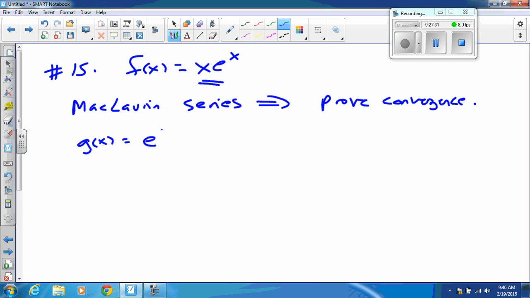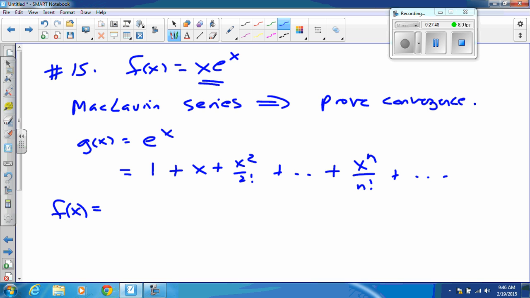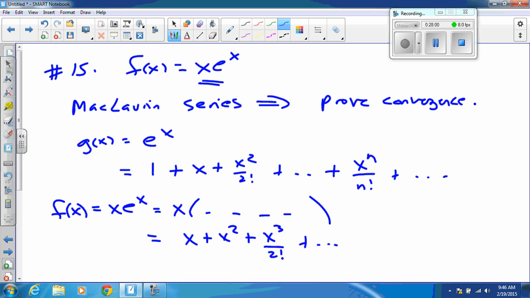So if I start with g of x equals e to the x, which is 1 plus x plus x squared over 2 factorial, and I establish an nth term for this guy, then f of x, which is x e to the x, is simply x times all of that, which gives me x plus x squared plus x cubed over 2 factorial plus, what's my nth term? x to the n plus 1 over n factorial.